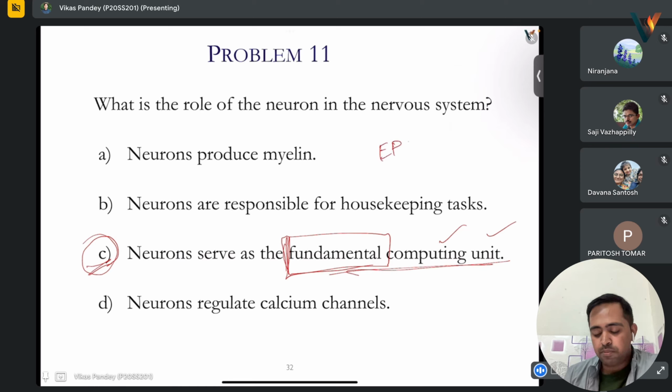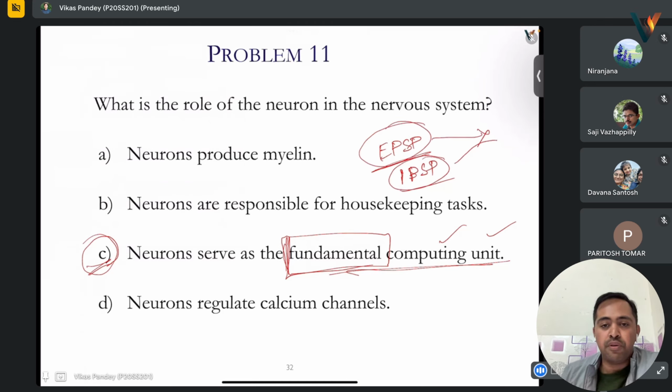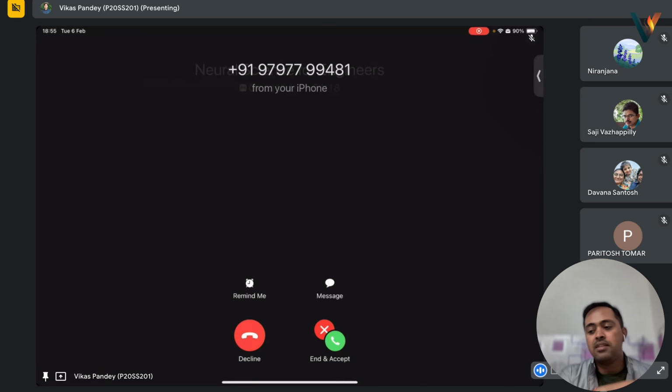EPSP and IPSP are yielding this computation, but on their own they cannot result in a complete computation. Inside the neuron, all the computation like EPSPs and IPSPs takes place, and then the signal that comes out is the modified one.